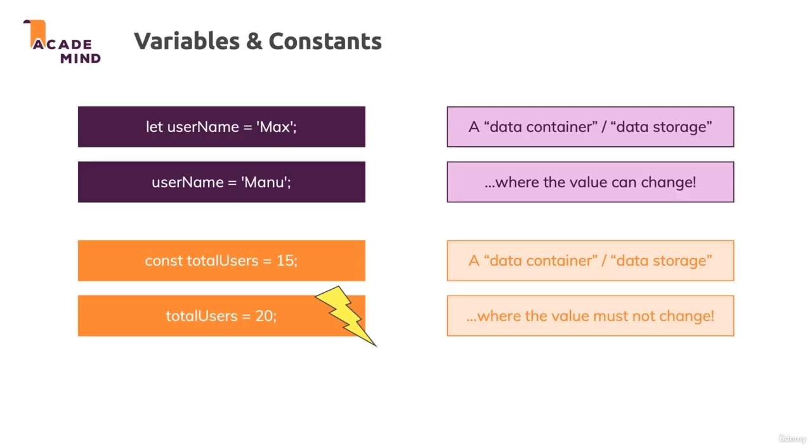Now you might wonder why you would have some values stored in a variable if that's not really variable, if it can't really change. And the answer is, sometimes in your code, you have values which never change, which you still want to store in such a data container so that you can initialize them in a central place, let's say at the beginning of your file, and then use them throughout your program.